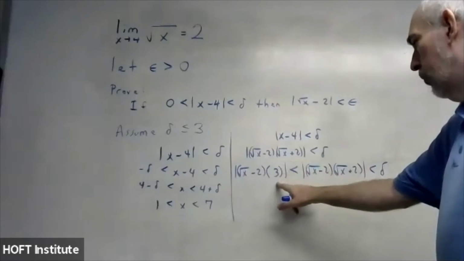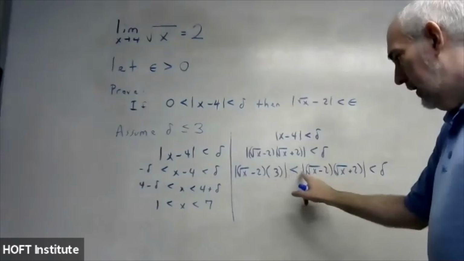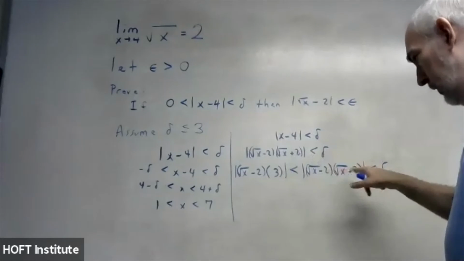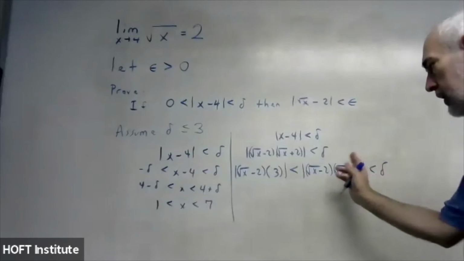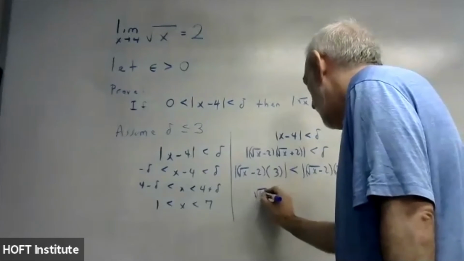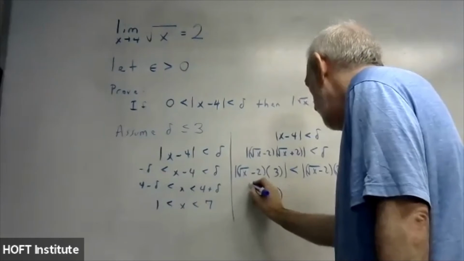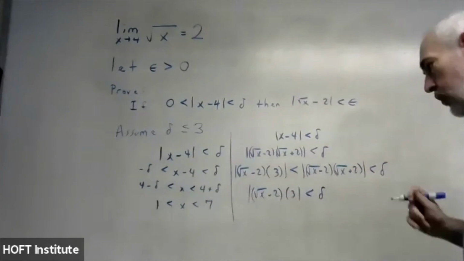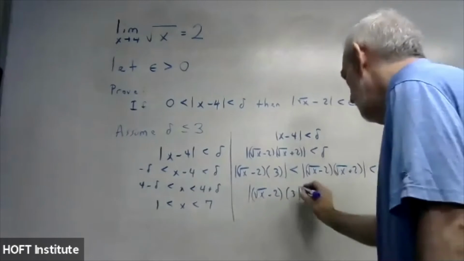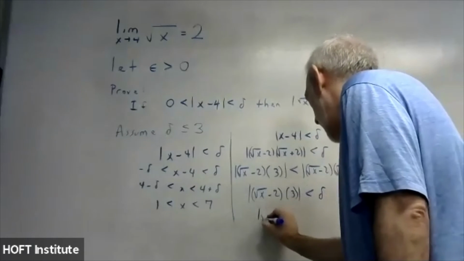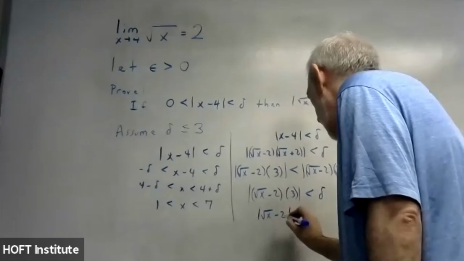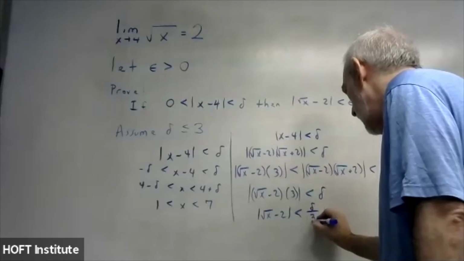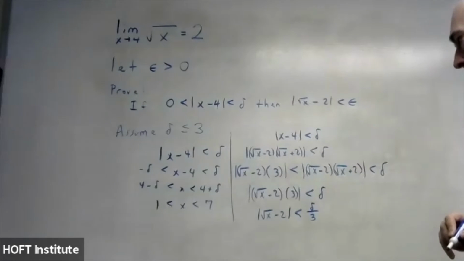Now, I want to use the 1 part of it, so that if you replace this with 1, that's smaller than that. Therefore, this expression is less than this expression, which is less than delta. Getting rid of the middle, we have the absolute value of square root of x minus 2 times 3 must therefore be less than delta. Therefore, the absolute value of square root of x minus 2 is less than delta over 3.